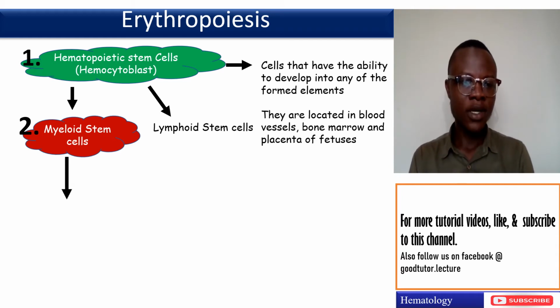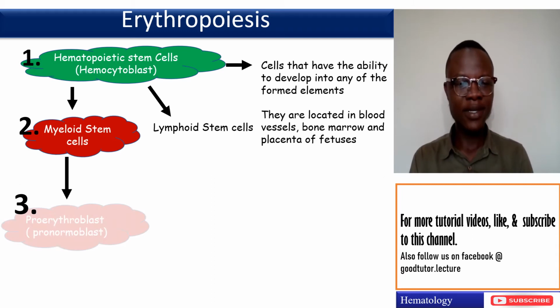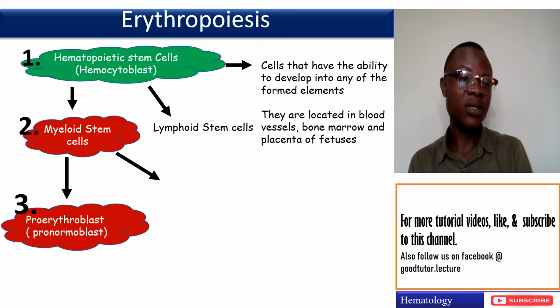So the myeloid cell, further being stimulated, goes on to form the pro-erythroblast. This is also called the pro-normoblast. The pro-erythroblast is very important because it is the commitment stage of the formation of the red blood cell. The myeloid cell does not only give rise to the pro-erythroblast, right?